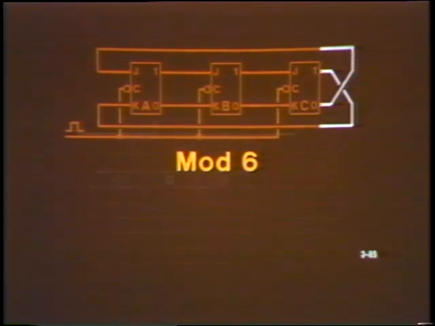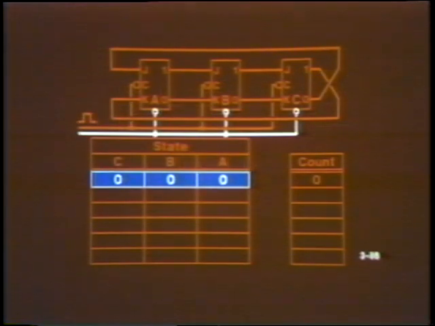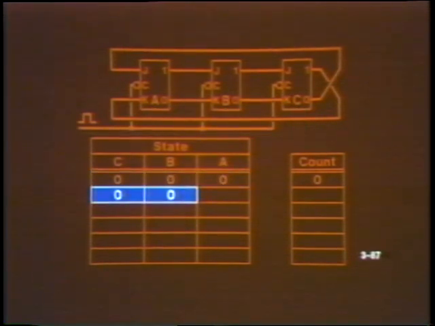Assume that initially all flip-flops are 0. Neither B nor C will change state, because both of their J inputs are 0, while their K inputs are both 1.